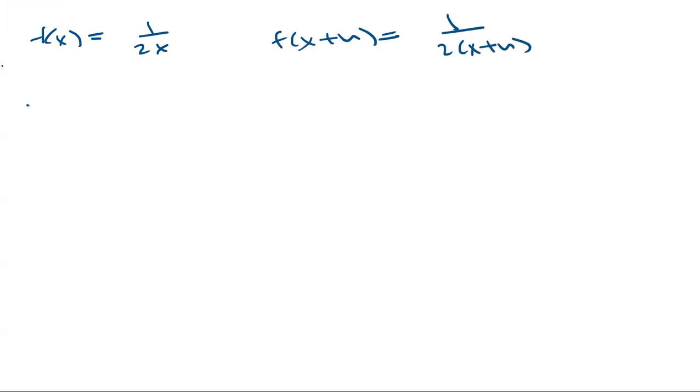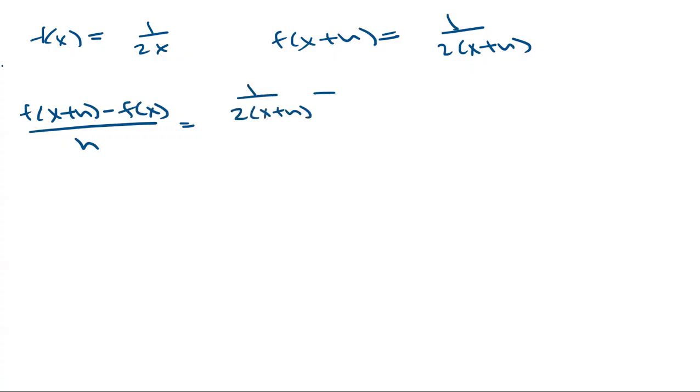Then we're going to use the difference quotient, f of x plus h minus f of x all over h. And then we're going to replace these two terms by what we just obtained. So we have 1 over 2 times x plus h minus 1 over 2x divided by h.